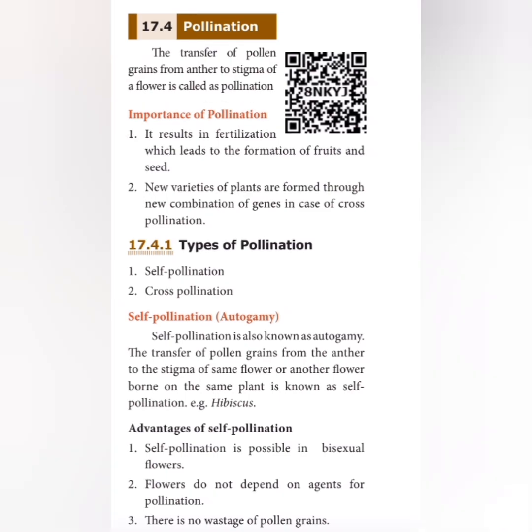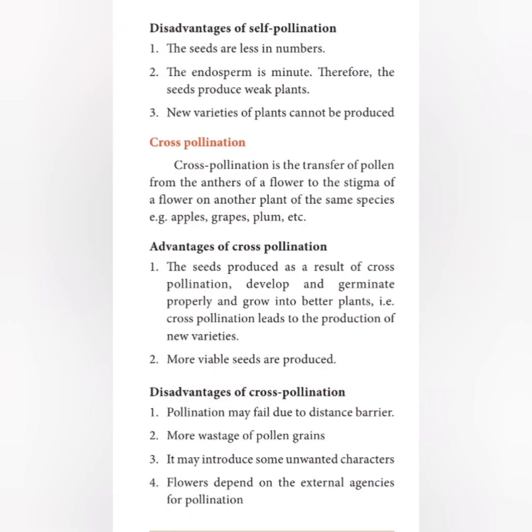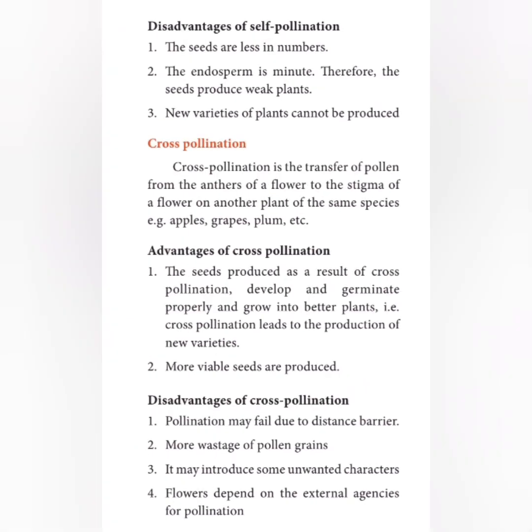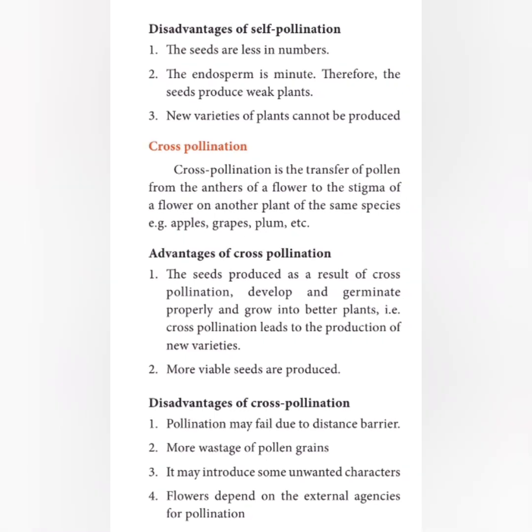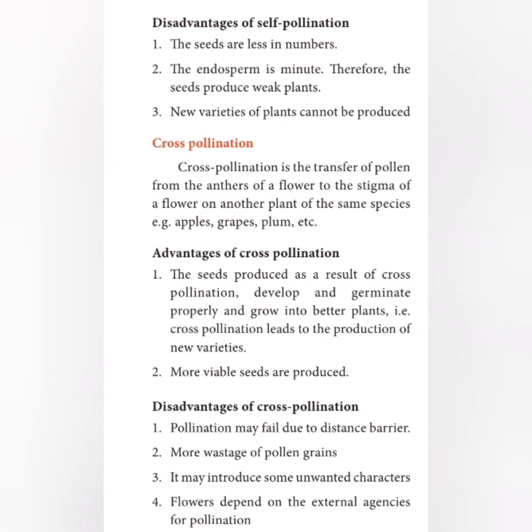Self means pollination takes place within the same flower or another flower but within the same plant. Cross-pollination means another flower or another plant but of the same species. You should also refer to the advantages and disadvantages of each pollination.